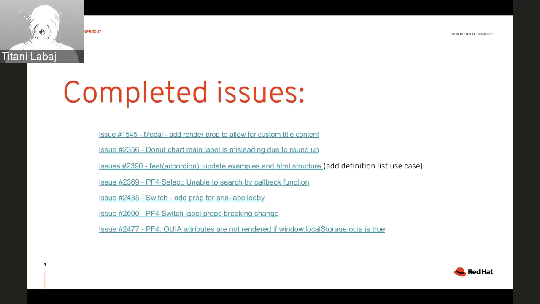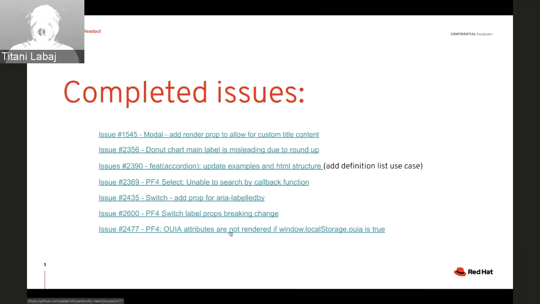Issue with the accordion: we updated the examples and added definition list as a use case in the example. The select component, unable to search by callback function, switch add prop for aria-labelledby, switch label prop, switch label props breaking chain.